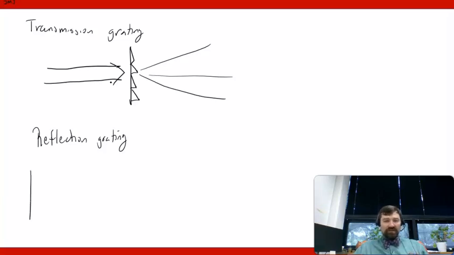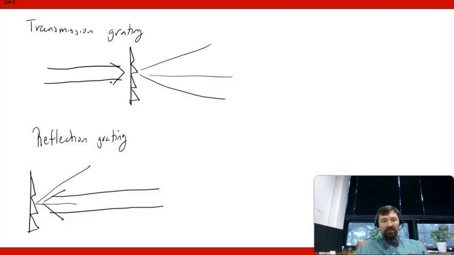Reflection grating works very similarly. The math is pretty similar anyway. But instead of transmitting through the grating, your light is usually incident upon the grating like so, and then it reflects off the grating like so.